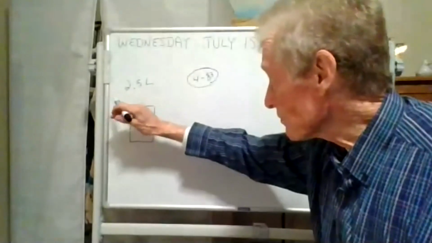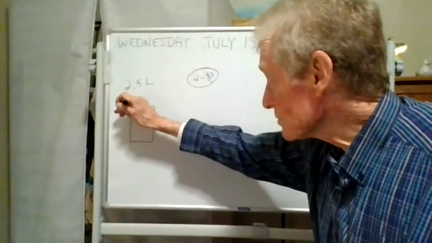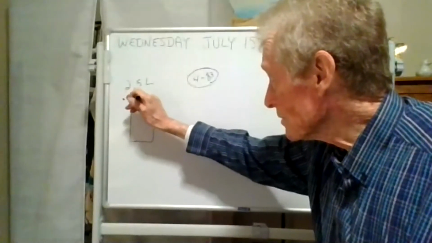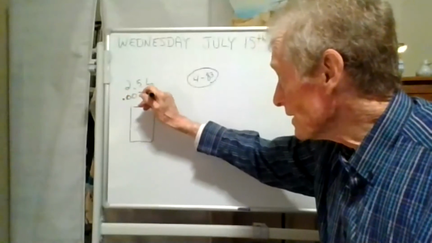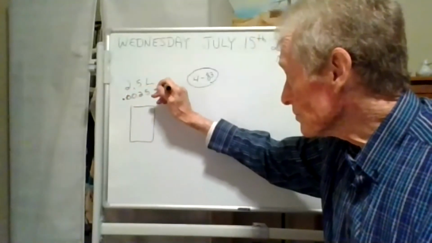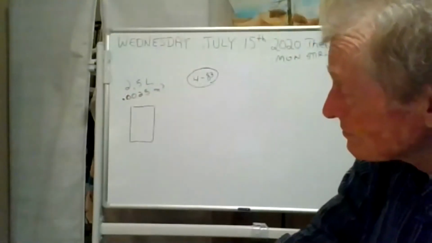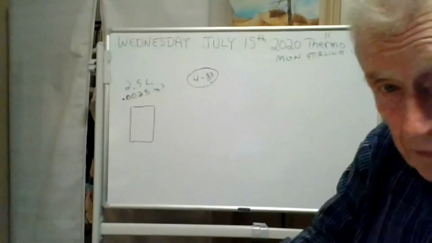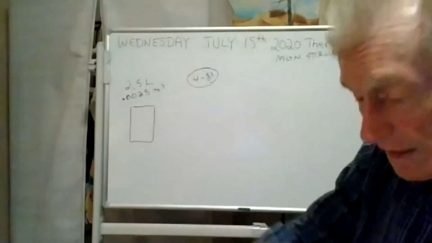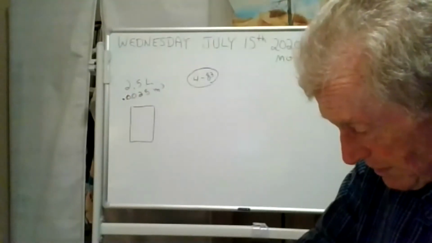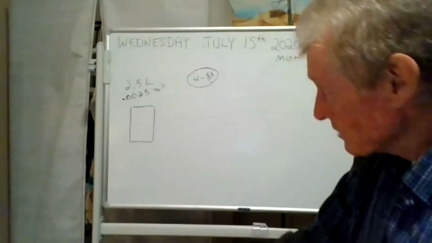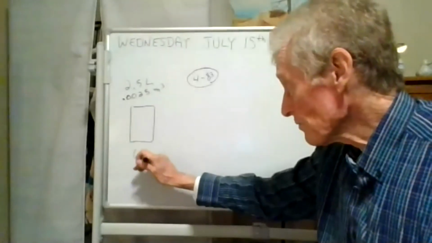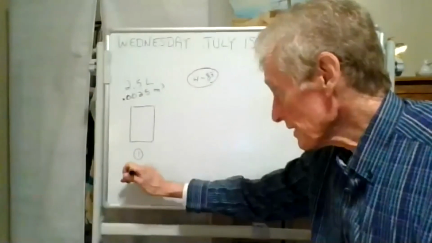Move your decimal over 3 places, and what you'll have is 0.0025 cubic meters. There's 1,000 liters in a cubic meter. We could have looked that up in the back. Okay, it's empty. It's state one, it's empty.